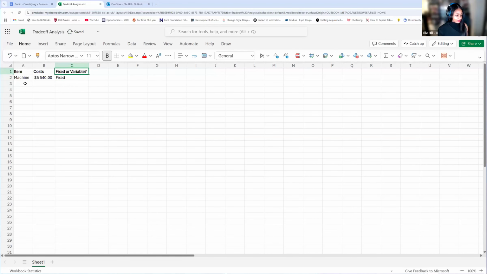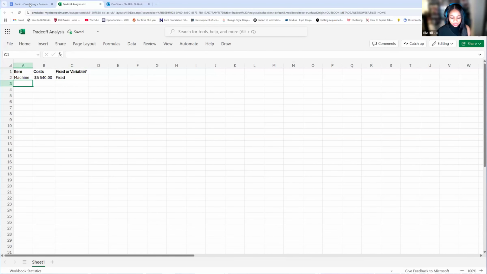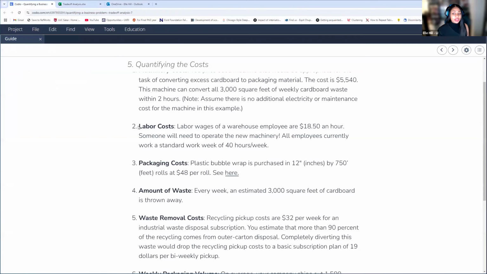Great. So now let's do a little bit more quantification. Some of you that said variable or hourly might have been thinking of this labor cost that we have here, which is something we have to consider. Labor wages of a warehouse employee are $18.50 an hour. Someone will need to operate the new machinery.